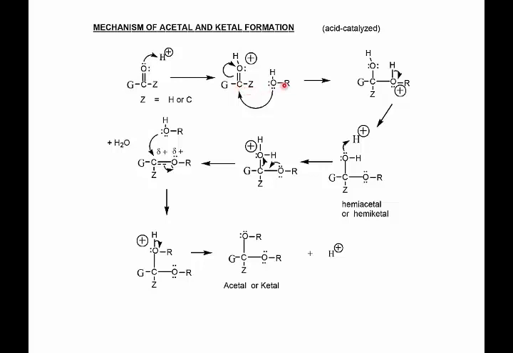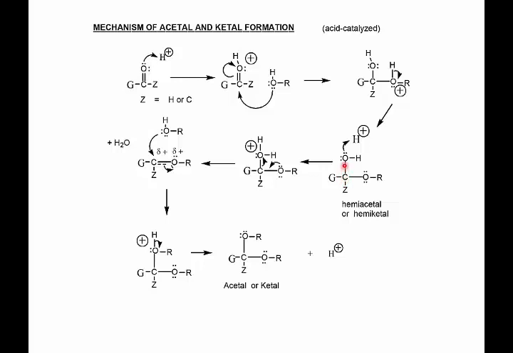And it will do that, and it produces this addition product. Now, a loss of H+ from this portion here will produce the hemi species. If we start out with aldehyde, you get hemiacetal. If we start out with ketone, you get hemiketal.